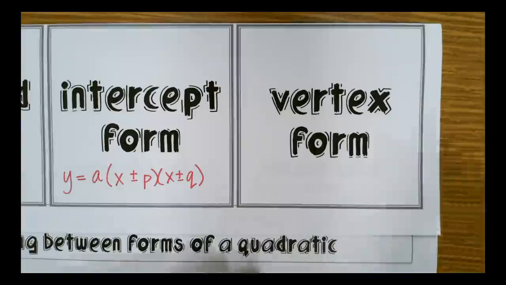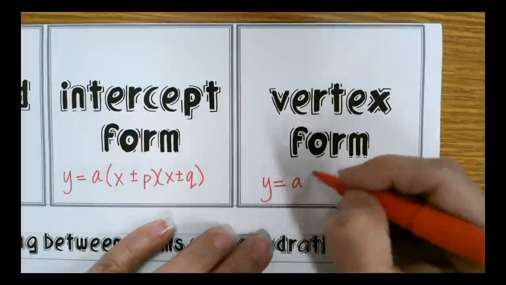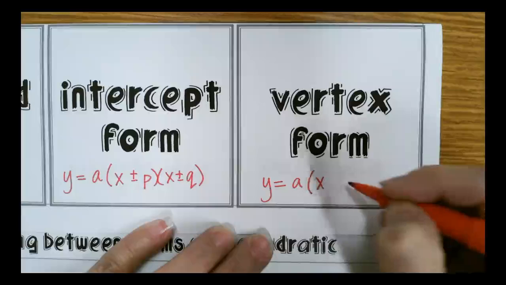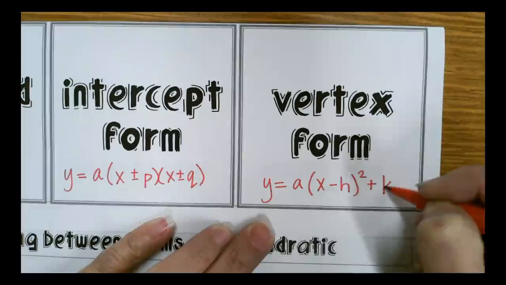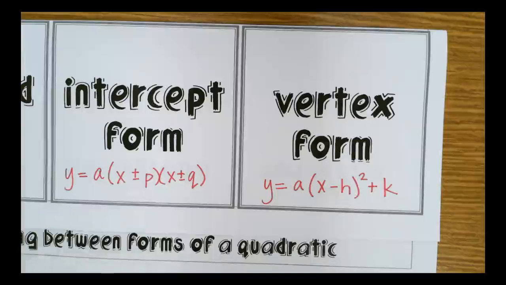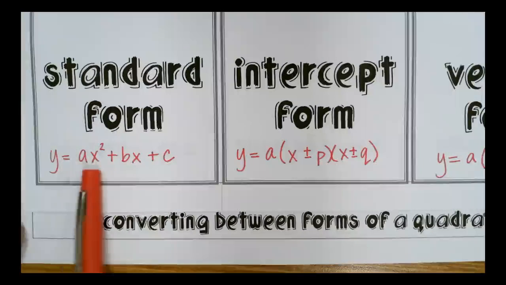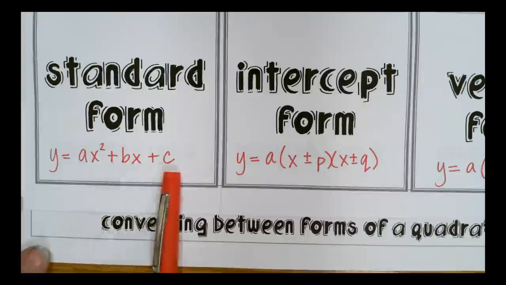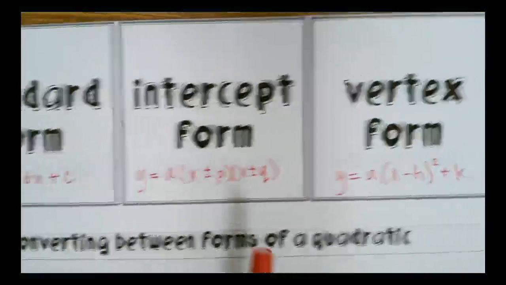And then vertex form is y equals a, and then in parentheses, x minus h, squared, plus k. Vertex form is very different from the other two. Just to compare, standard form has no parentheses at all. We have the three terms, the trinomial, with no parentheses.